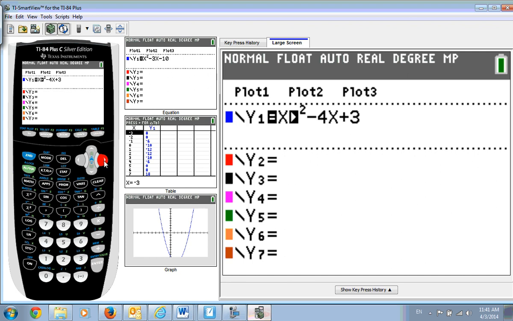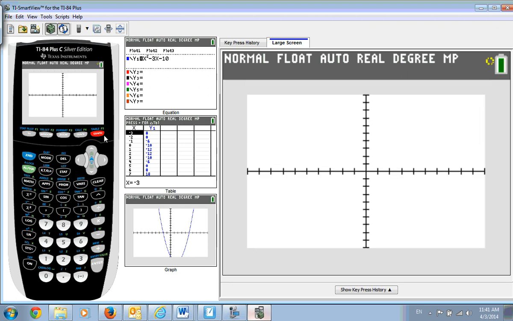X squared plus 2x plus 1. And graph it. It should only touch at one place, which will also be our vertex. So our solution is also our vertex here. It's negative 1, 0.